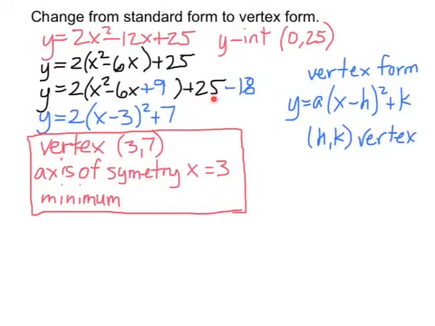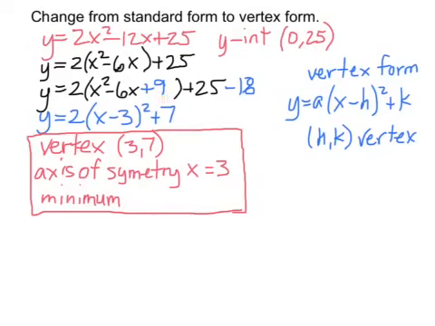And you can see I've still got the plus 25 out here. Well, b over 2 squared would be 6 over 2 squared, which is 3 squared, which is 9. So I plug the 9 right there. Now, notice that this 9 is inside a set of parentheses, and outside of that set would be a 2. So really what I've added right here is positive 18.